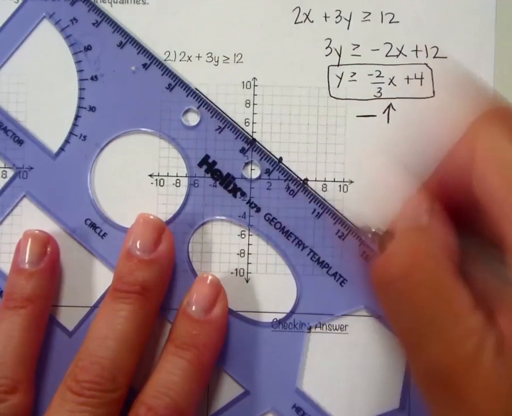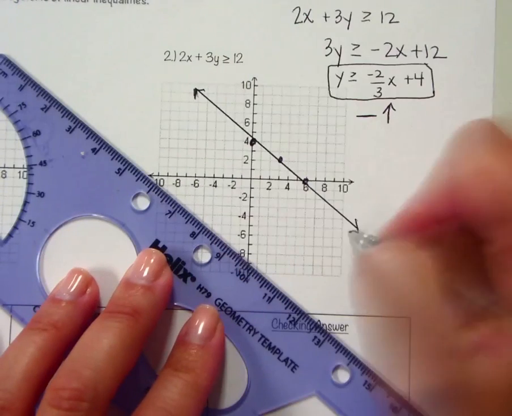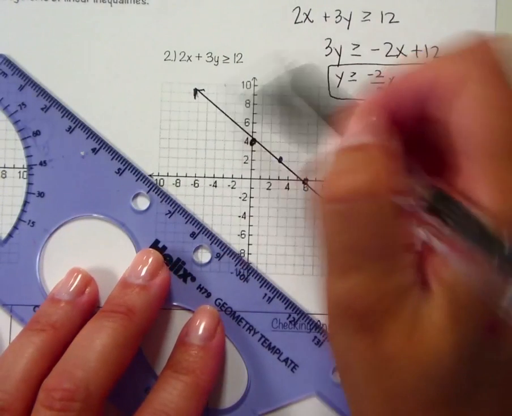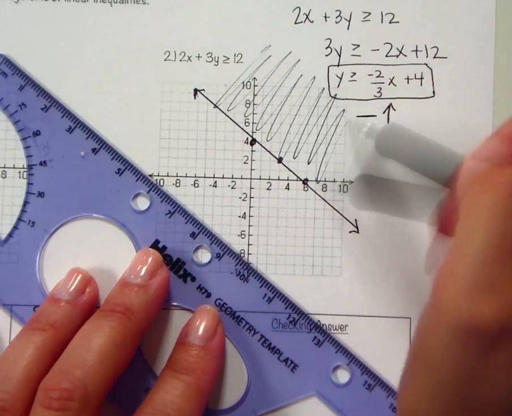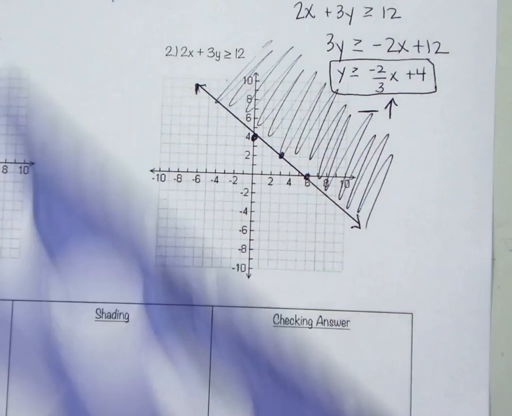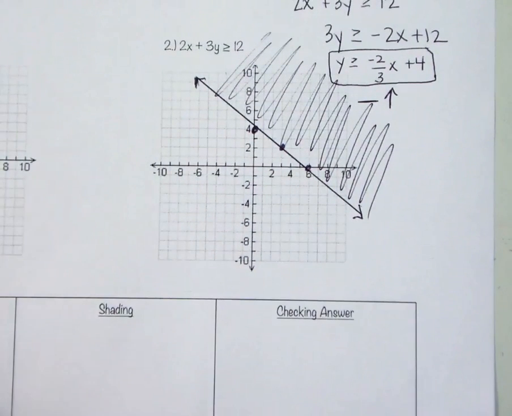This is a solid line. And like Erica said, we're shading above. What questions do you have?